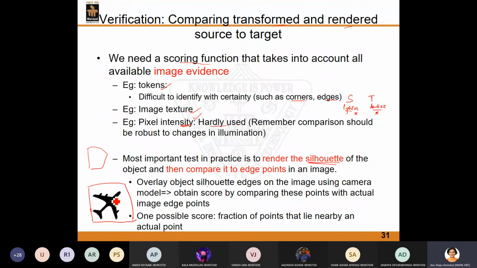So instead of going for exactly the same object, we just get rid of all the pixel intensity values and take the edge information alone, and then we try to find out what is the overlap between the source and the target. If there is a maximum overlap between both, then we can say that the matching or the scoring function is high enough or good enough. So this is another approach that we can go with.